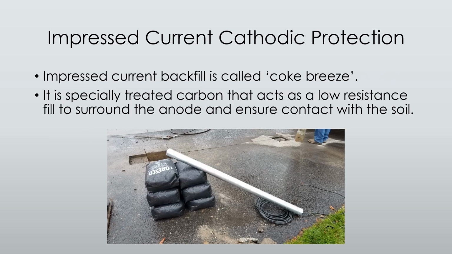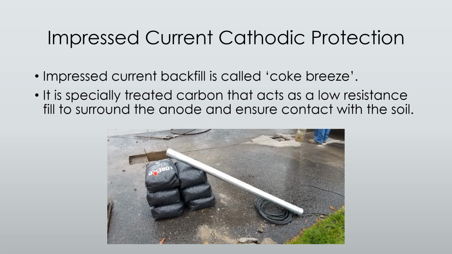And for impressed current anodes, we have a special backfill that's called coke breeze. It is specially treated carbon that acts as a low resistance fill to surround the anode and ensure contact with the soil. So we make our hole and we backfill around the anode, almost like a galvanic anode with a select fill bag around it.